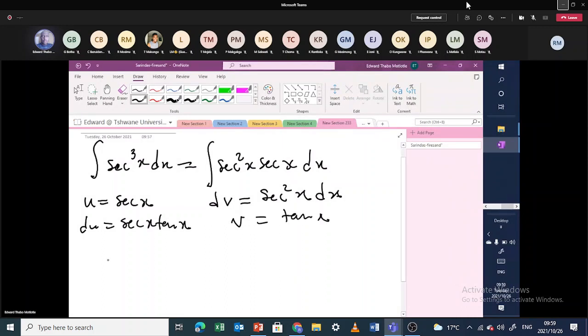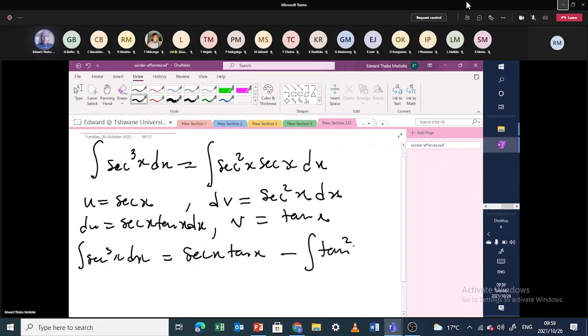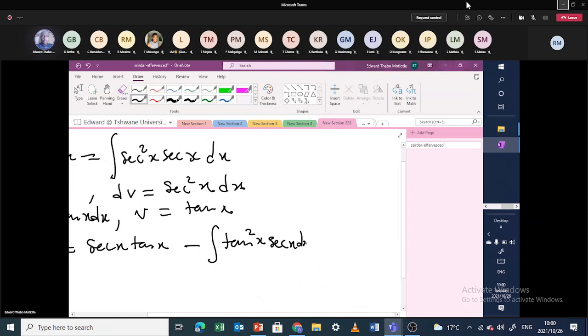Now let's substitute. The integral of sec cubed x dx is equal to u multiplied by v. This will be sec x tan x minus the integral of, now we start by substituting v, there's dx here, I forgot dx here, tan squared x sec x dx.